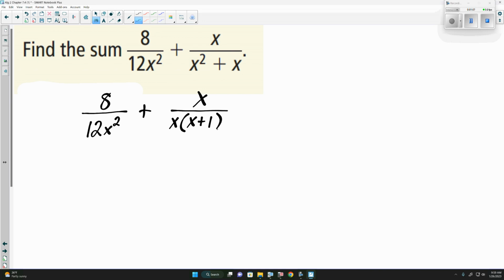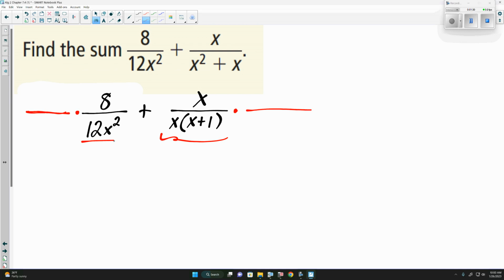Now we do need to get the two denominators to be the same so that we can actually add them together. We can start off with the one on the left, so 12x squared. We need to see what the right side has, our x times x plus 1. What does this have that this one doesn't?